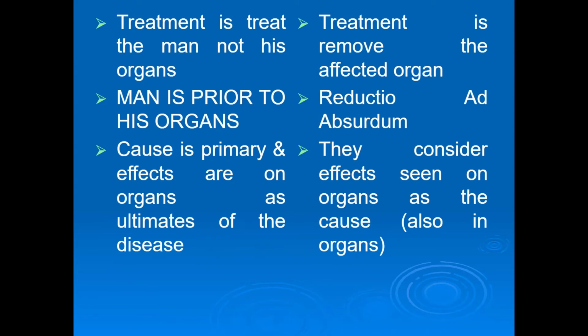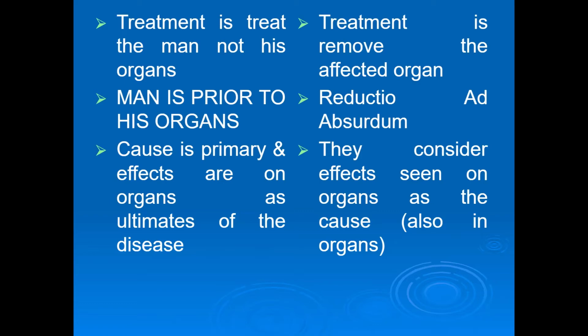In homeopathy, treatment is to the man and not his organs. Homeopathy considers man is prior to the organs. So cause is primary and effects are on the organs as ultimates of the disease.